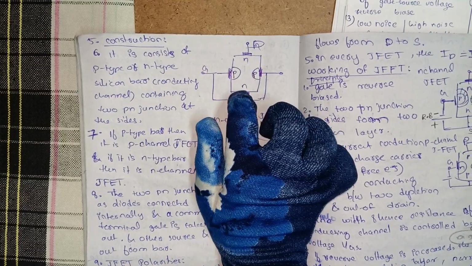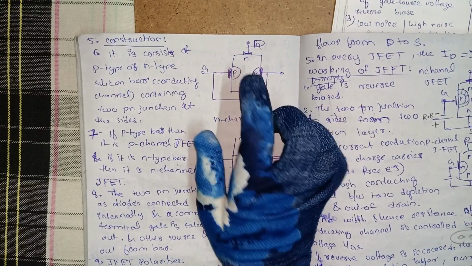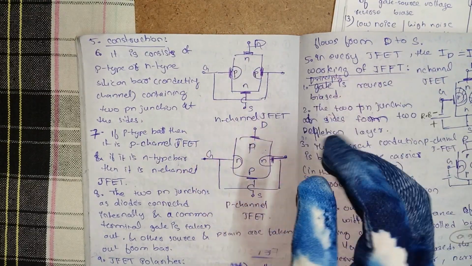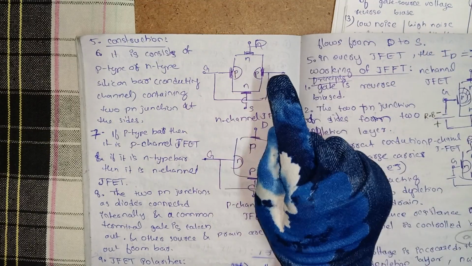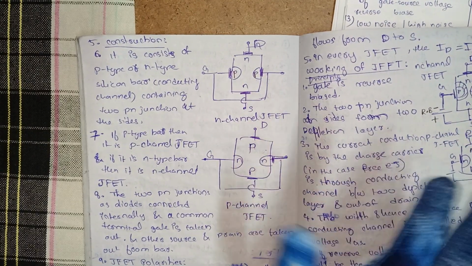This box you are seeing is the silicon bar. In the N-channel JFET it is N-type, and in the P-channel JFET it is P-type.